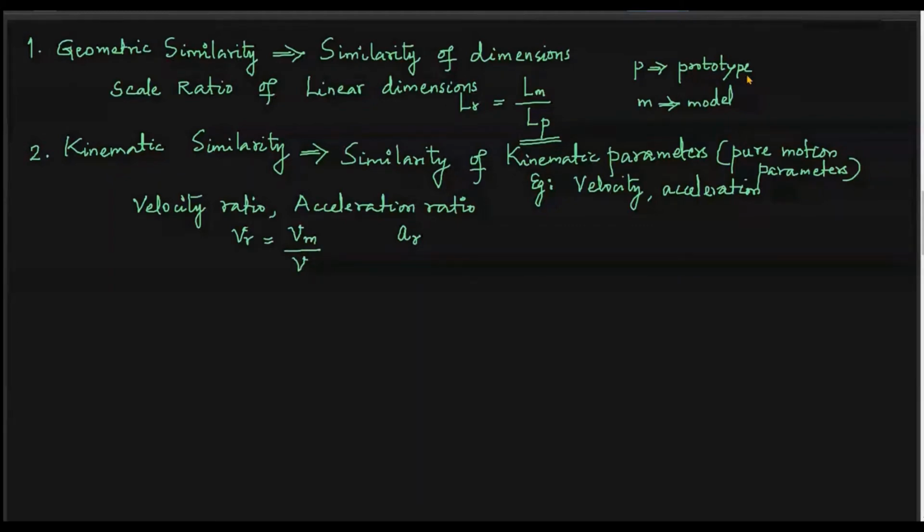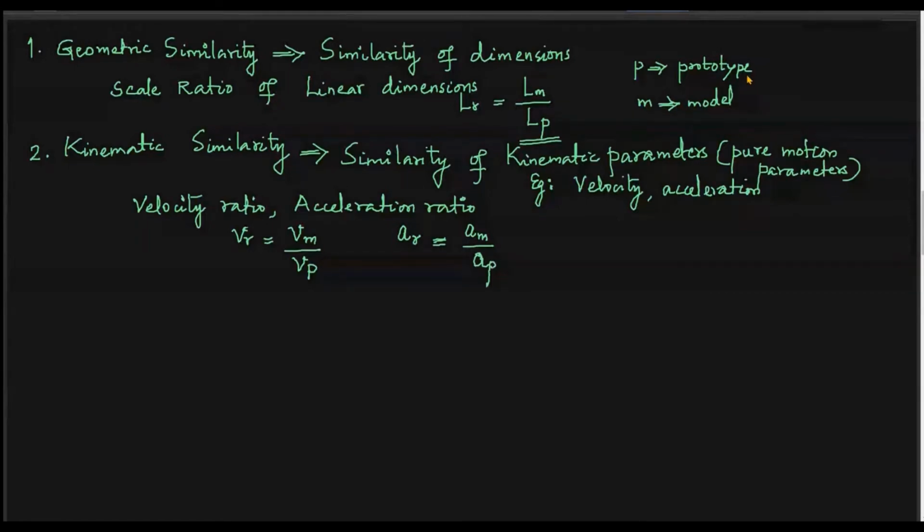Such corresponding points are known as homologous points. That ratio is the velocity ratio. And the acceleration ratio is the acceleration of the model divided by the acceleration of the prototype, AM by AP, if it is one rigid motion.